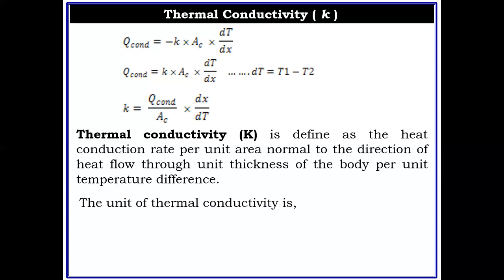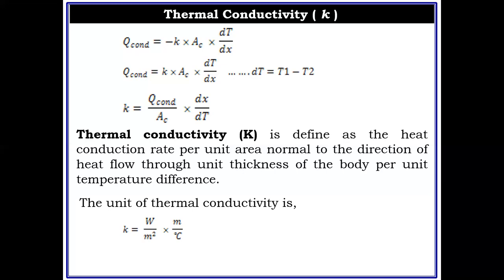Now the unit of thermal conductivity: if I put in the units for the above quantities, it becomes watt for heat transfer rate, area becomes meter square, dx in meter, and temperature difference. Remember friends, this is a temperature difference, so whether in degree centigrade or Kelvin, it remains the same, a difference quantity will be the same. So the unit of k, thermal conductivity, is watt divided by meter square into meter divided by degree centigrade, or it might be Kelvin.